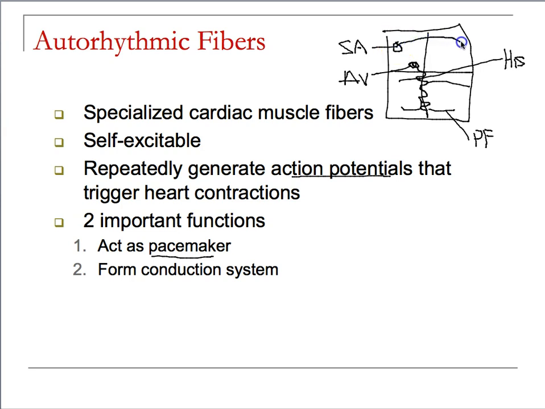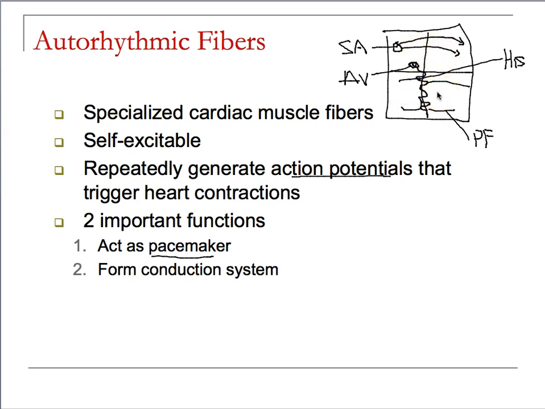The arrow I'm drawing represents the distance the electrical charge will travel to cause a concerted atrial contraction to push blood from the right and left atria into the right and left ventricles.